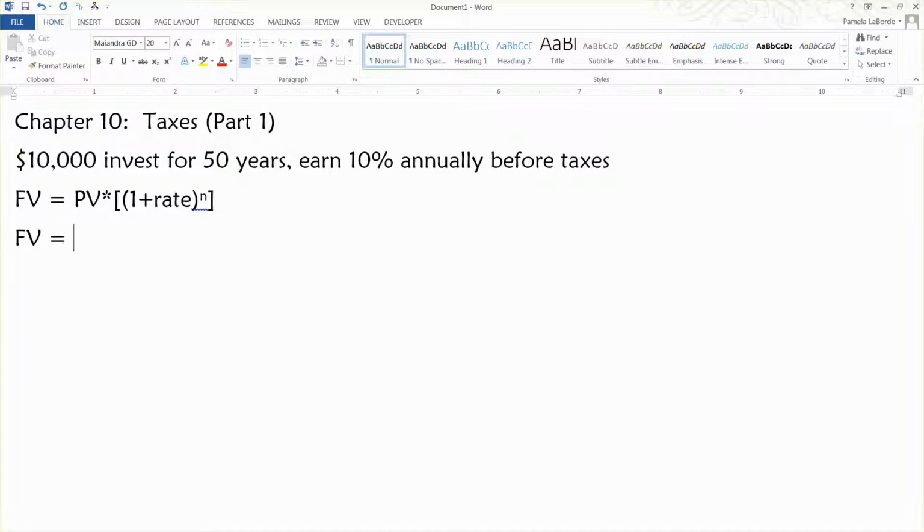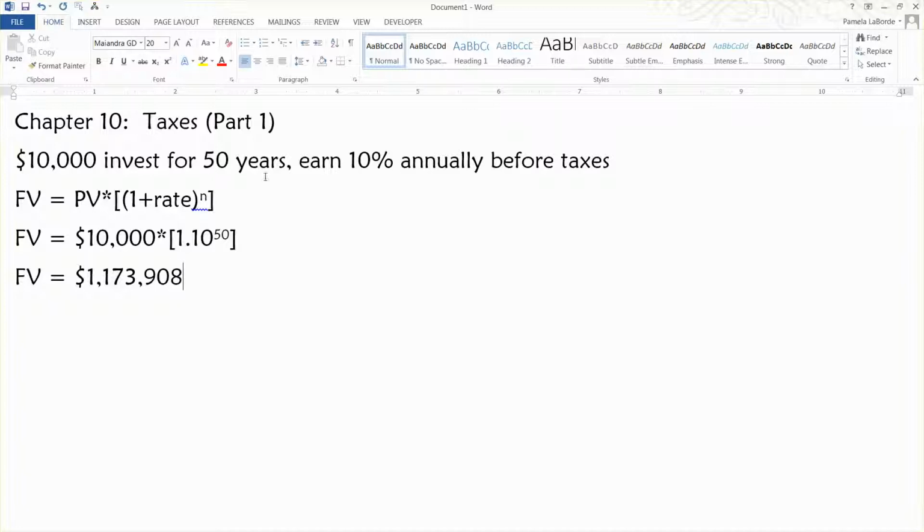The present value is 10,000. Multiply that by 1 plus the rate of 10% raised to the exponent of 50. When I crunch that, I got a future value equal to $1,173,908.